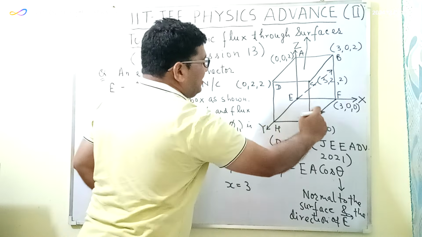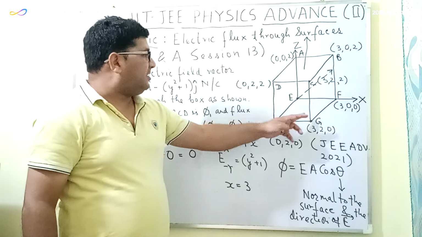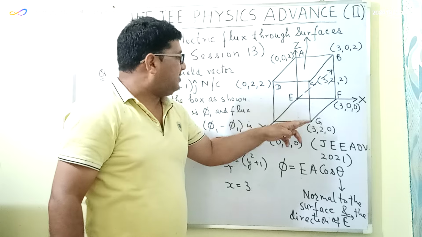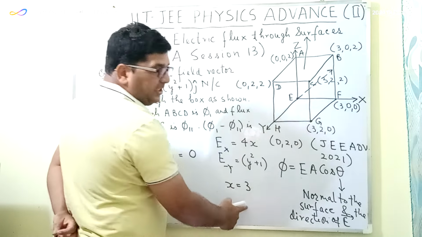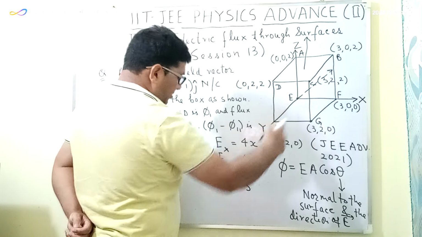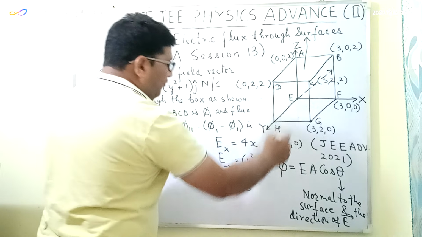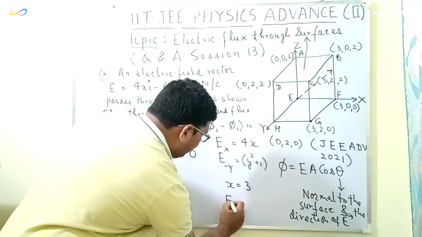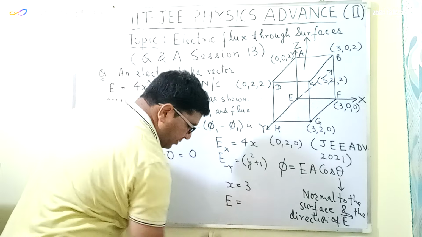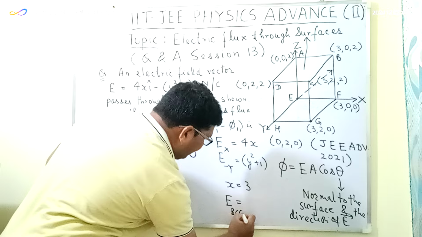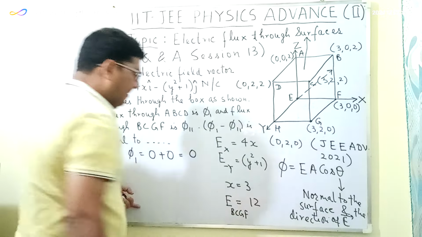See, this surface BCGF is the surface which is located at a distance of x equal to 3. So the intensity of the electric field through this surface BCGF will be equal to 4 into x, that is 4 into 3, which is equal to 12.